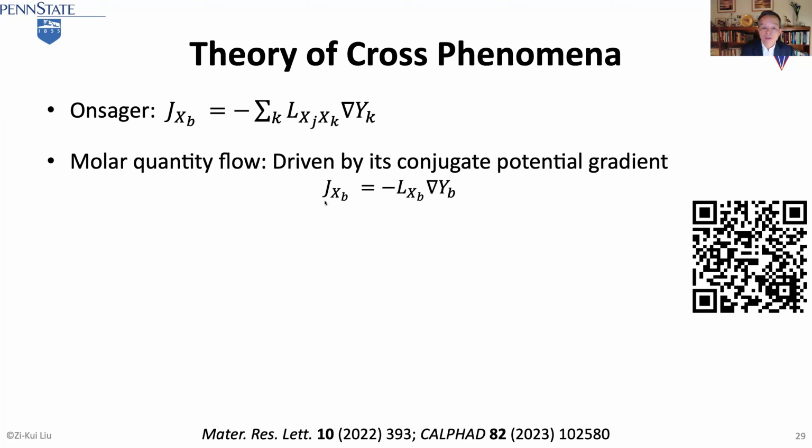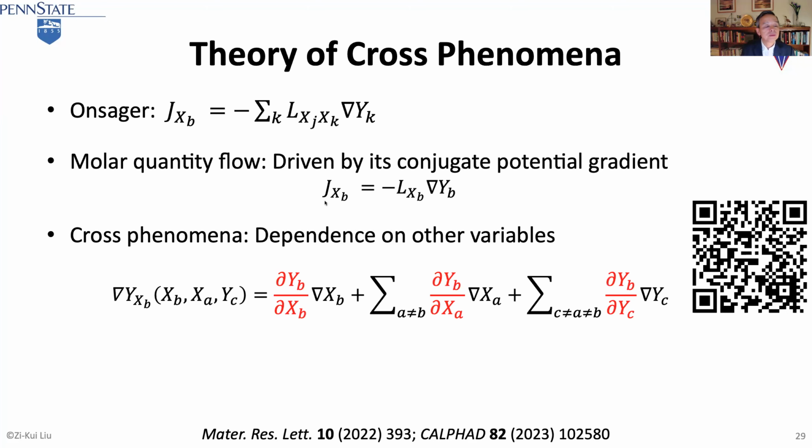So where does the cross phenomenon come from? Well, it's because the gradient of the potential is a function of other quantities. For example, when we talk about diffusion, the chemical potential is a function of its composition, but also other compositions of the other elements, or the temperature gradient, or the electric field.